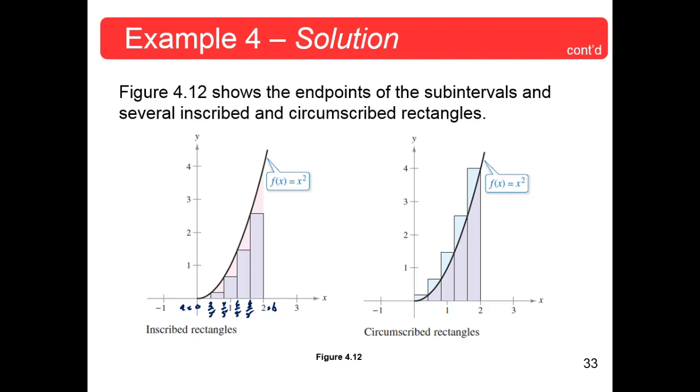Then 16/25 times 2/5, 36/25 times 2/5, 64/25 times 2/5, and this last one will be 4 times 2/5. That would be that rectangle. So those are your areas, or those are your rectangles.